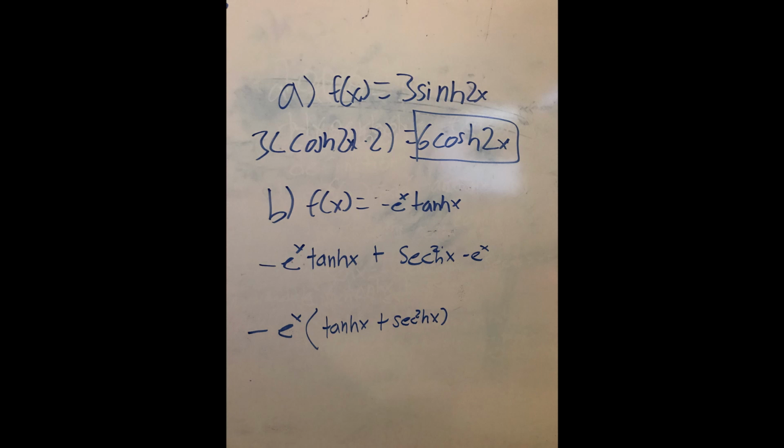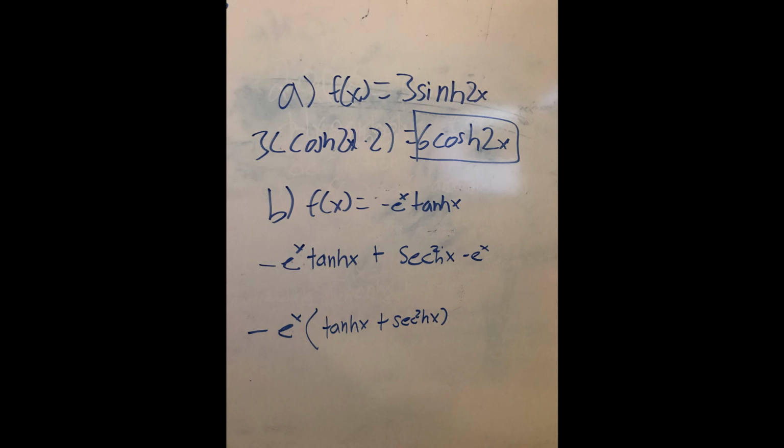Let's do another small example here. We've got B, which is f of x equals negative e to the x multiplied by tanh x. Let's take the derivative of that. We've got a product rule here, so we take the derivative of the first one, which is just negative e to the x, times the second, so times tanh x, plus the derivative of the second.